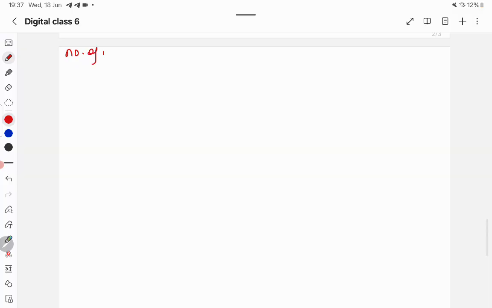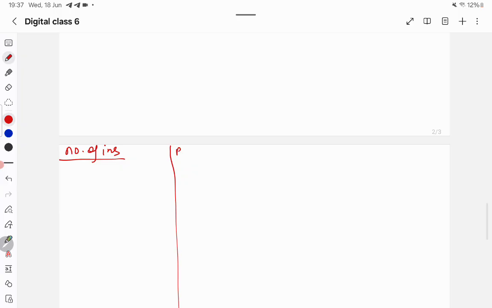So for number of INS, you will make a column like this. You will make it a section. In the copy you will make it like this. Then you will make R0, then R1, then R2, then R3, then R4, then R5, then R6, R7.